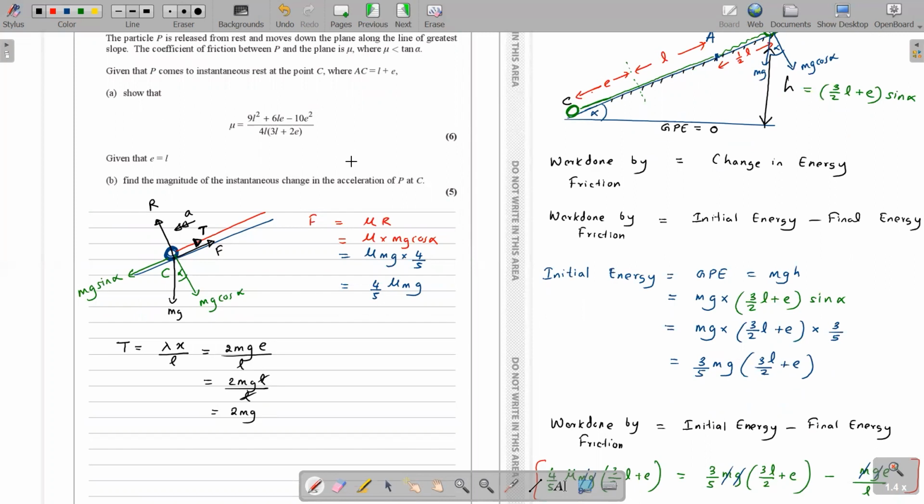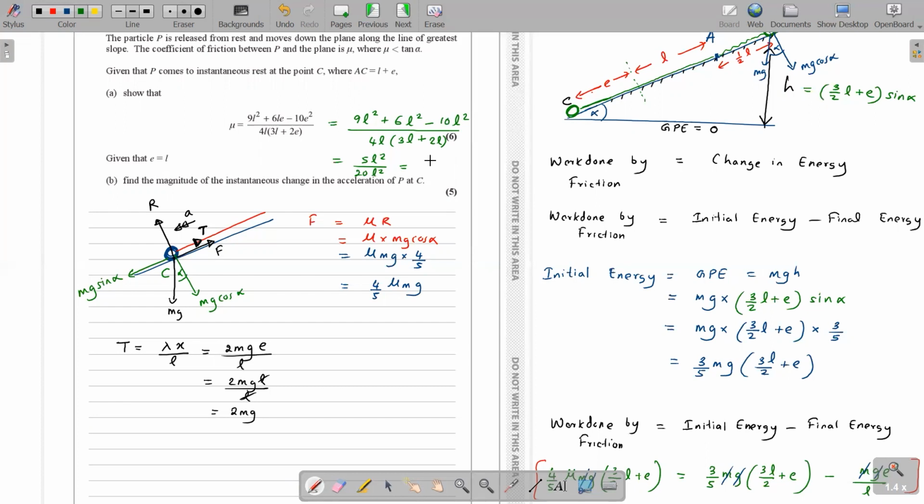Actually, we could find the value of our mu also. Let's replace the E with L and find the mu value. Replace: 9L square plus 6L into L, which gives 6L square minus 10 L square, over 4L times 3L plus 2L. Are you with me? 9 plus 6 is 15, 15 minus 10 is 5L square, over 3L plus 2L is 5L, 5L into 4 is 20L square.